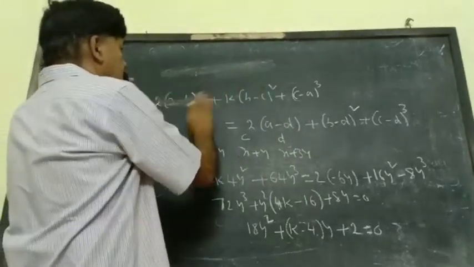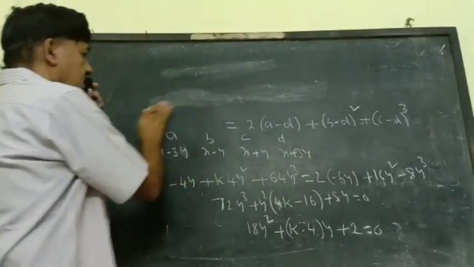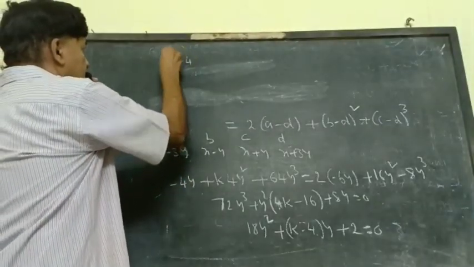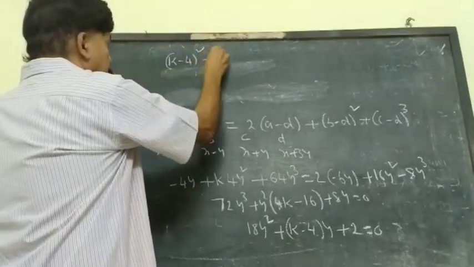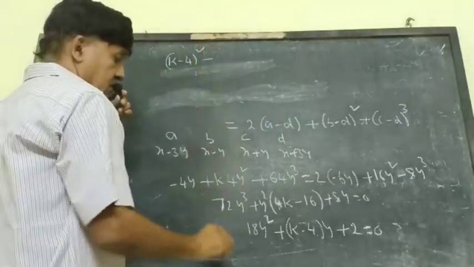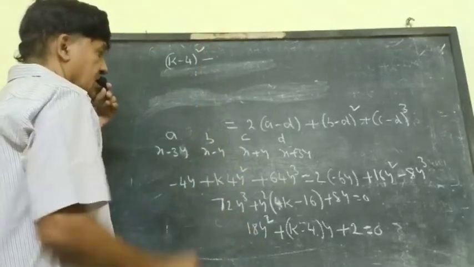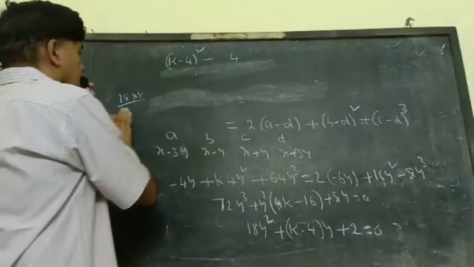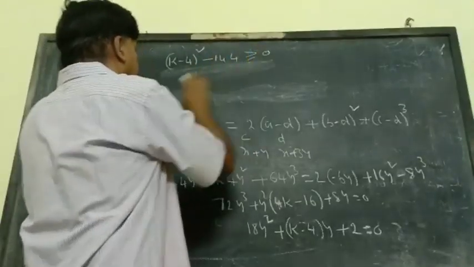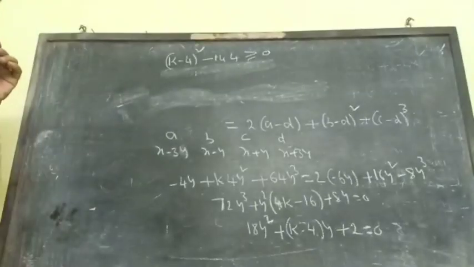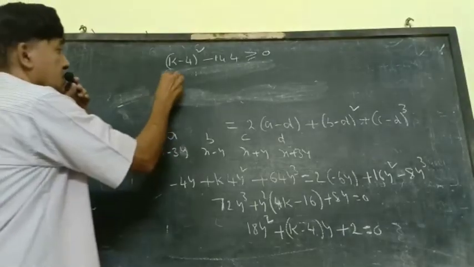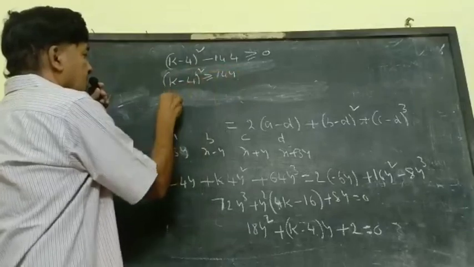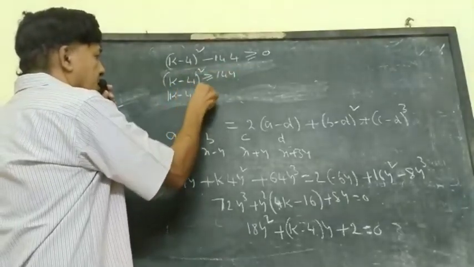Remember, y is real. So this quadratic equation in y will have real roots. So (k minus 4) whole square minus 4ab, 4 into 18 into 2, so 144, greater than or equal to 0. So delta greater than or equal to 0. So (k minus 4) whole square is greater than or equal to 144, mod (k minus 4) greater than or equal to 12.